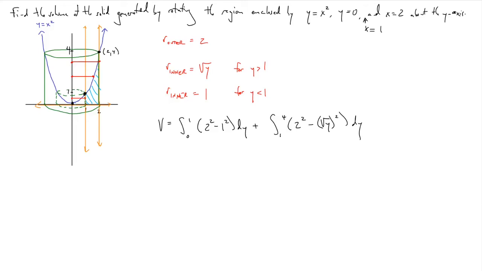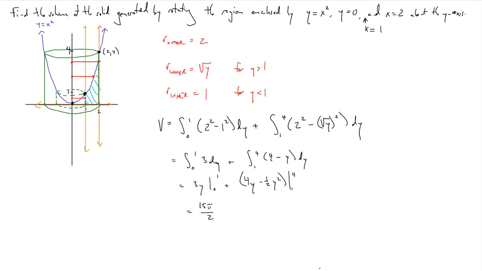The integral from 0 to 1 of the outer radius, which is 2 squared, minus the inner radius, which is 1 squared, with respect to y, plus the other half of it, the integral from 1 to 4 of the outer radius, which is still 2 squared, minus the inner radius, which is now the square root of y squared, with respect to y. And so computing these two integrals and adding them together will give us the volume.